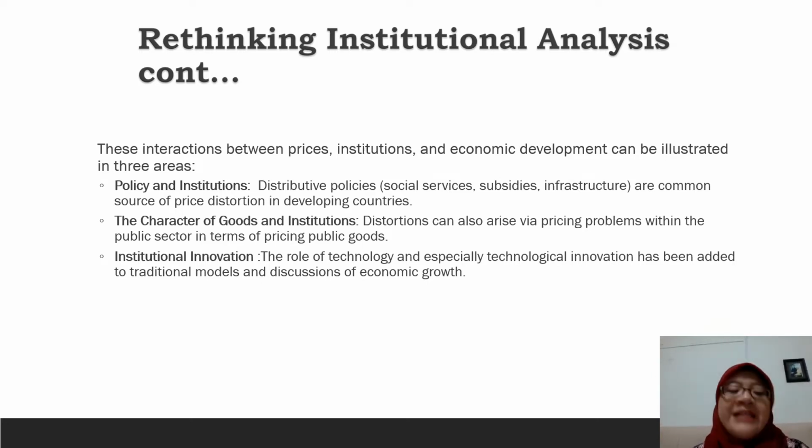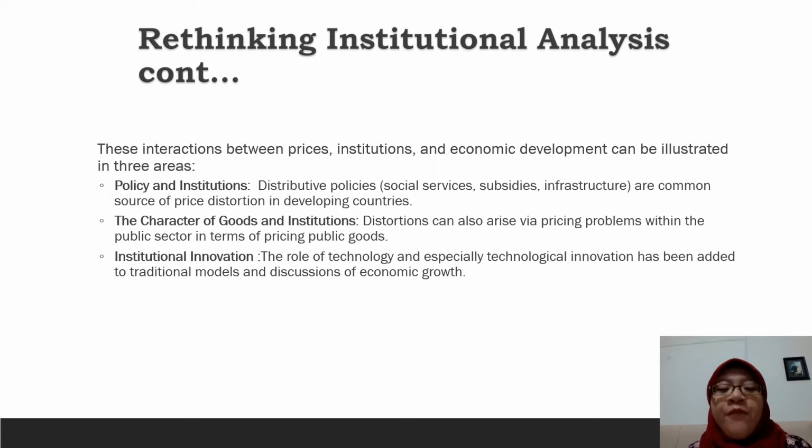The third one, institutions themselves and innovations. These three can be illustrated in the rethinking of institutional analysis.